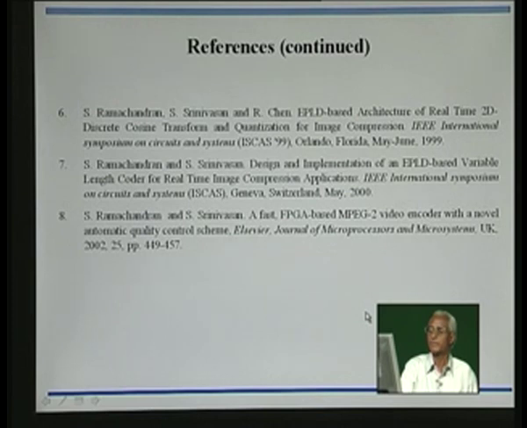And next, from the speaker, there are 3 papers, one to the effect of DCTQ and another for the VLC here. These are all IEEE conference papers at Florida and Geneva, and you can refer to these references, and there is also a journal paper in Elsevier for the MPEG 2 video encoder.